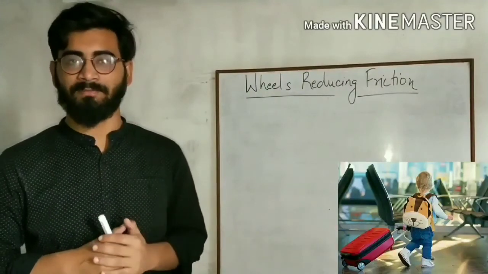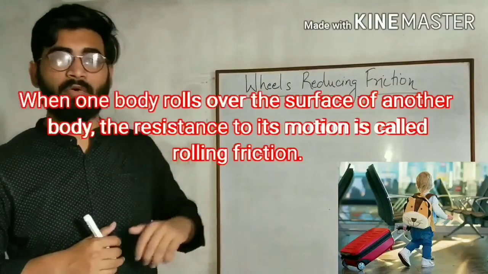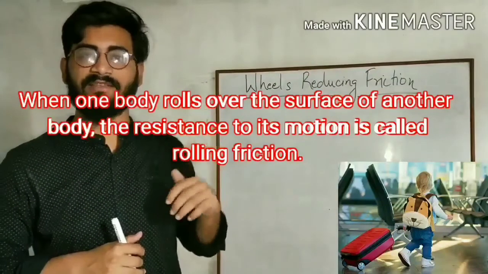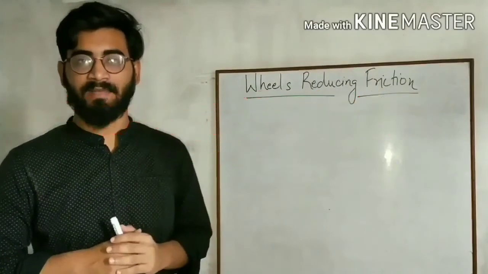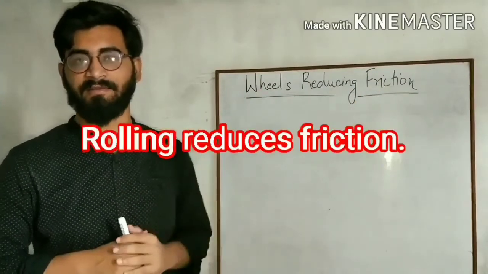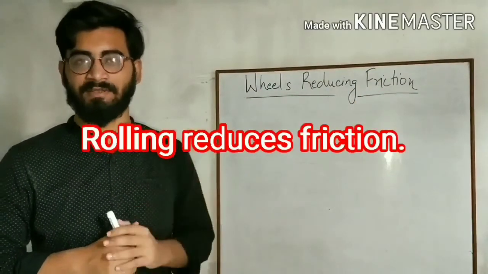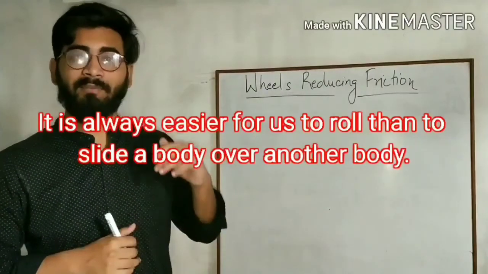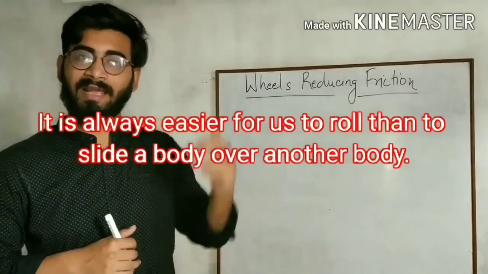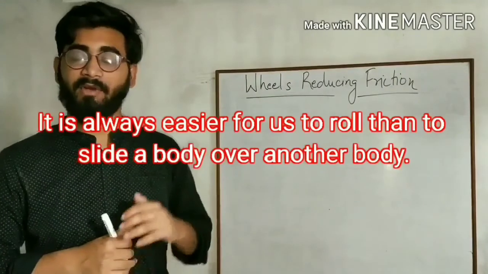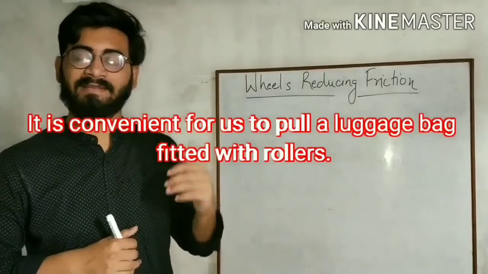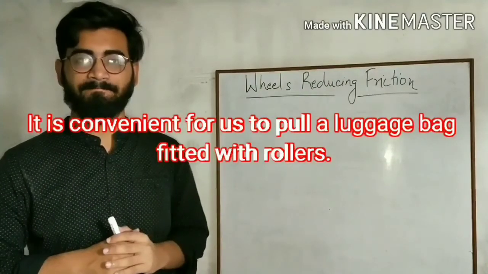Why is it so? When one body rolls over the surface of another body, the resistance to its motion is called rolling friction. And rolling reduces friction. It is always easier for us to roll a body than to slide a body over another body. And because of this reason, it is convenient for us to pull luggage bags fitted with rollers.